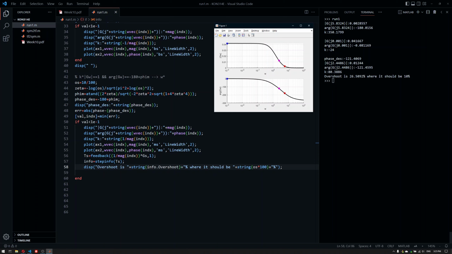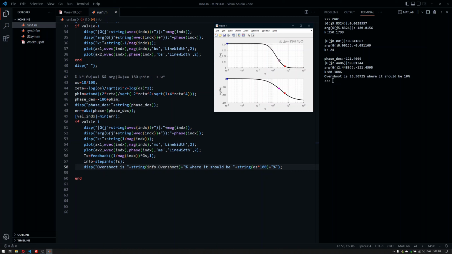But the nice thing about Bode plots, and using this distance in proportion to overshoot or zeta, is that we can tune it a little bit. It seems like we need to go a little bit back, or just use a smaller k value in order to improve this overshoot. Because if I go to the right on the Bode plot, whether on the magnitude plot or phase plot, the overshoot will increase up to 100%, because 100% overshoot is the j omega axis itself.